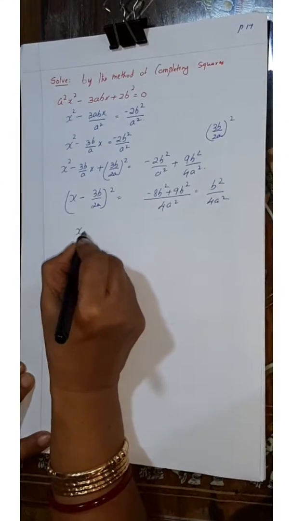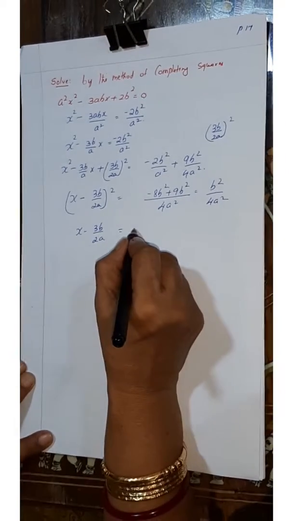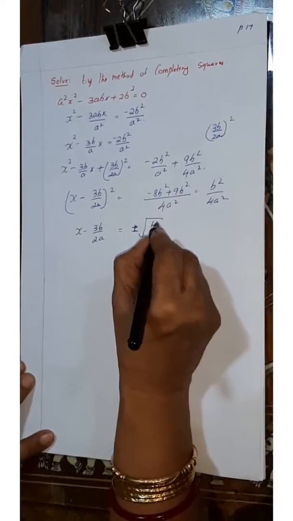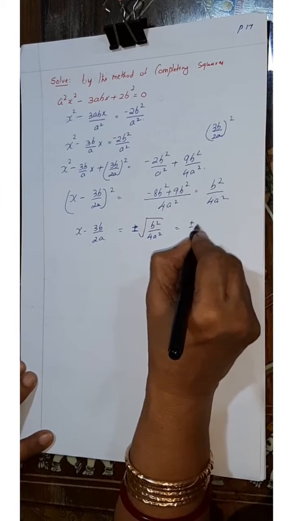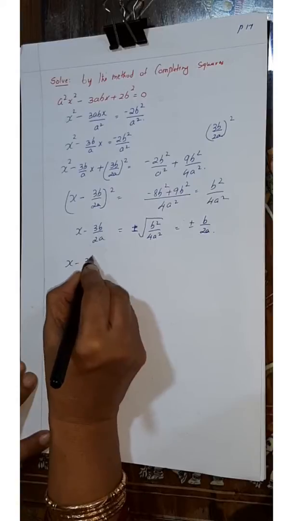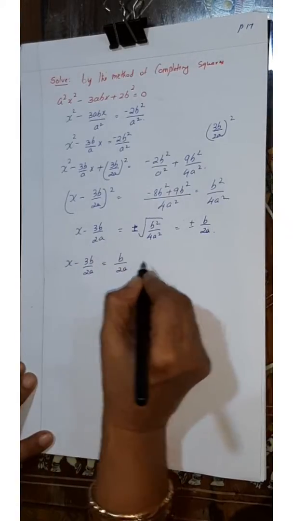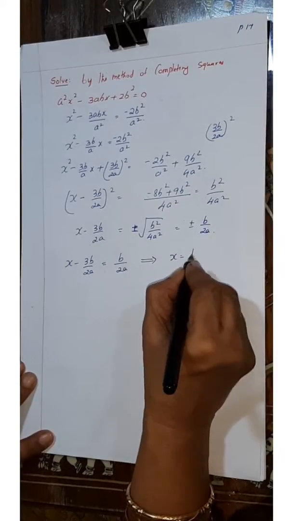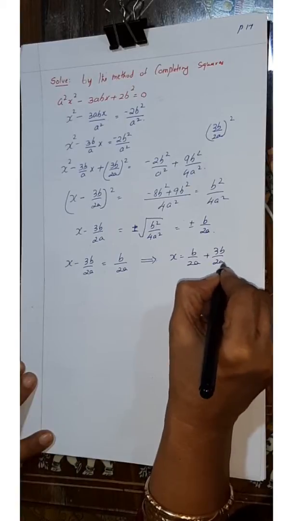So x minus 3b by 2a is equal to square root of plus or minus b squared by 4a squared. So that is equal to plus or minus b by 2a. Now x minus 3b by 2a is equal to b by 2a. So you will get x is equal to b by 2a plus 3b by 2a.